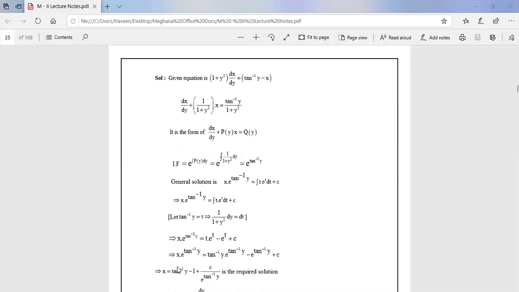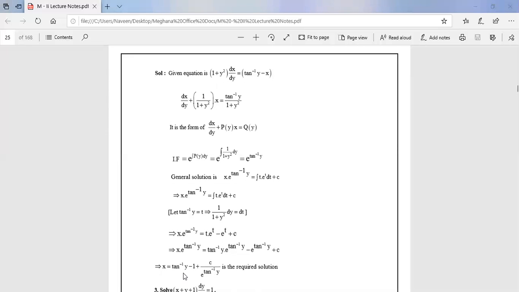Now substitute tan inverse y in place of t. x into e power tan inverse y is equal to tan inverse y into e power tan inverse y minus e power tan inverse y plus c. On simplification, we get x is equal to tan inverse y minus 1 plus c by e power tan inverse y, which is the required solution.